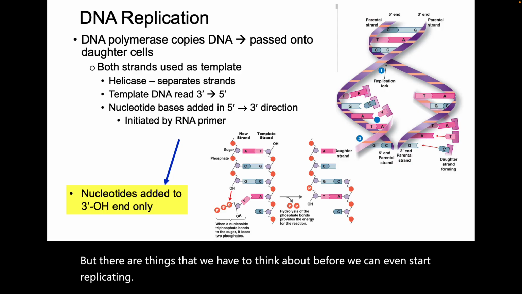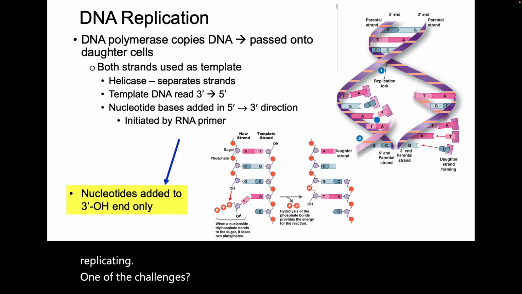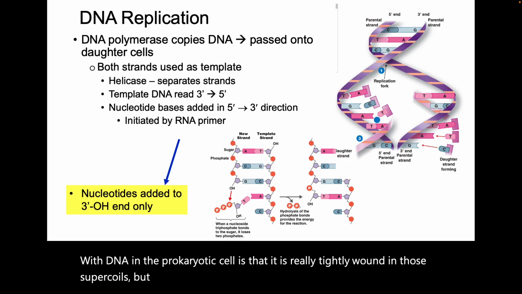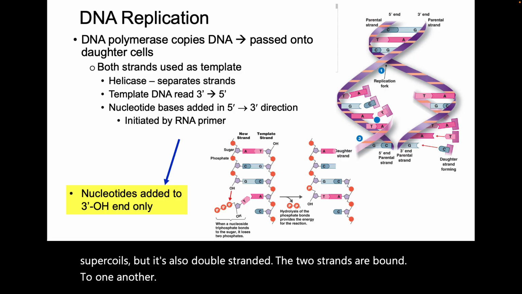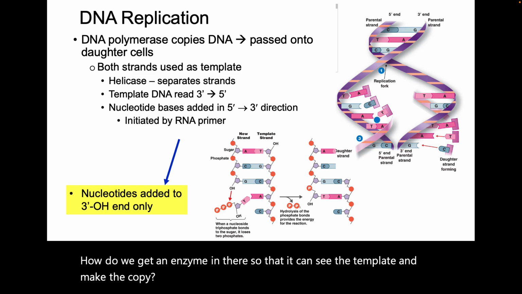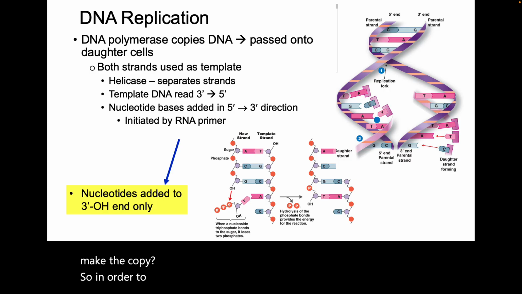One of the challenges with DNA in the prokaryotic cell is that it is really tightly wound in those supercoils. But it's also double-stranded. The two strands are bound to one another. How do we get an enzyme in there so that it can see the template and make the copy? So in order to do that, we use an enzyme called helicase.